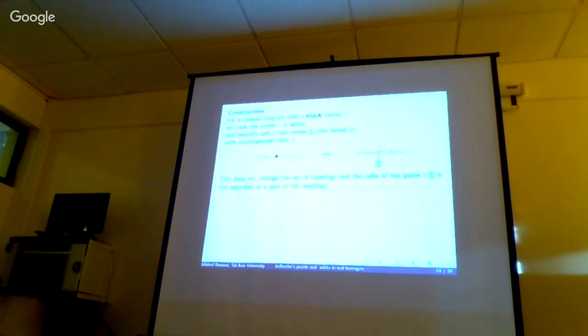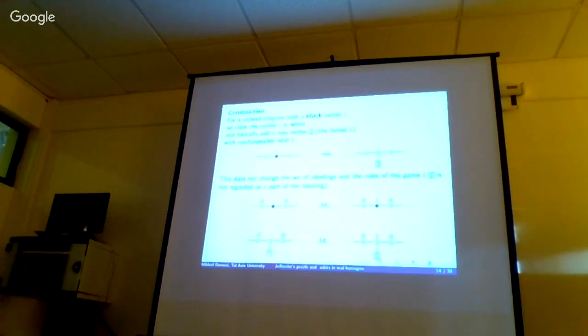And now this does not change the set of labelings. This one is not a part of the labeling. It's a formal vertex, and it does not change the rule of the game. So I explained now why. Here we had 0, and it is changed to 1 because it is black. And here you have 0, it's white, but we can change it to 1 because we have a formal additional vertex.